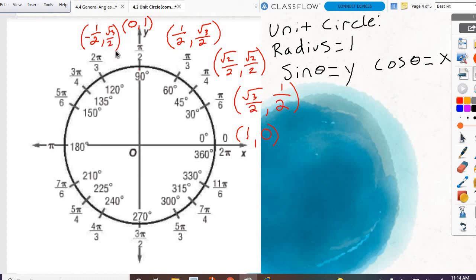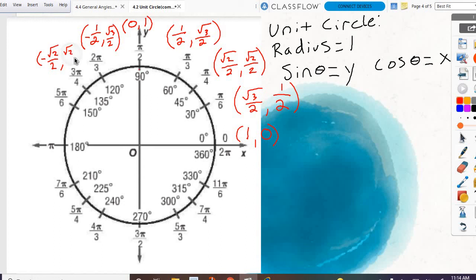Okay, so that means what does 3 pi over 4 have a reference angle of? 3 pi over 4 has a reference angle of, so what's my denominator? 4. So it has a reference angle of pi over 4. So again, that point that was at pi over 4 has to be the same over here.